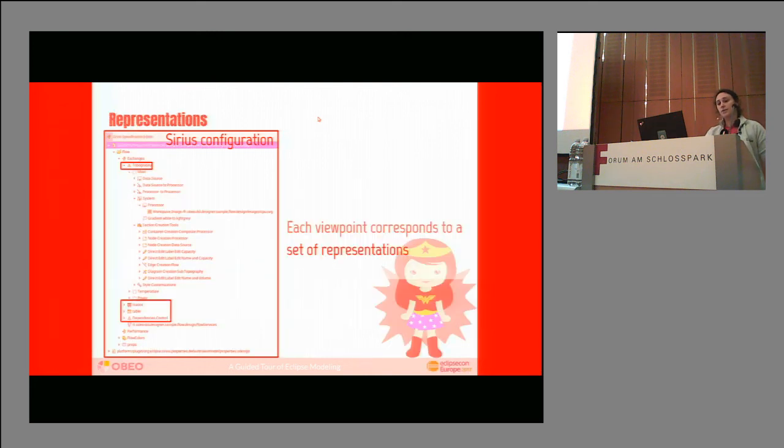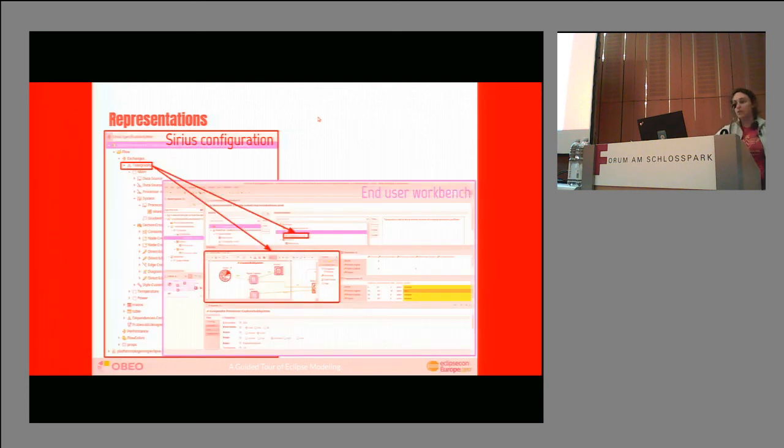Each viewpoint corresponds to a set of representations, diagrams, tables, matrices, or trees, which can be completely customized. The end user can manage the representation from the dashboard editor, and the definition of a new diagram kind in the Sirius configuration results in a new kind of diagram available for the end user.